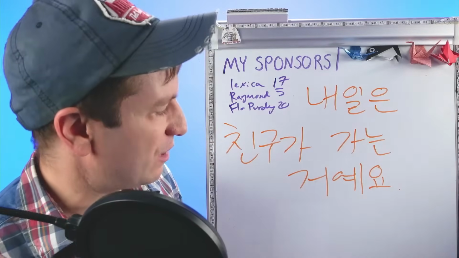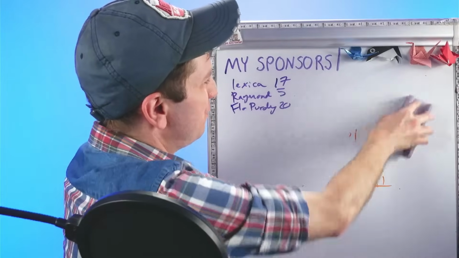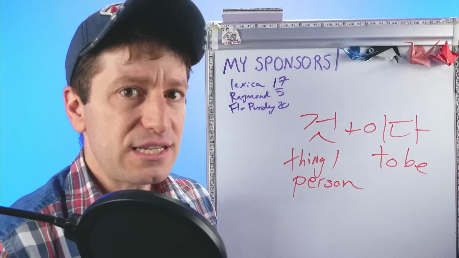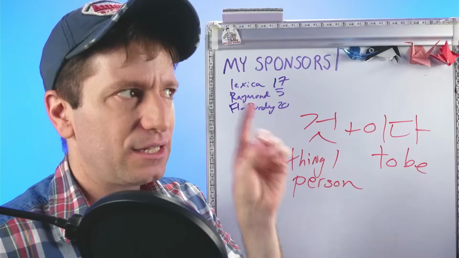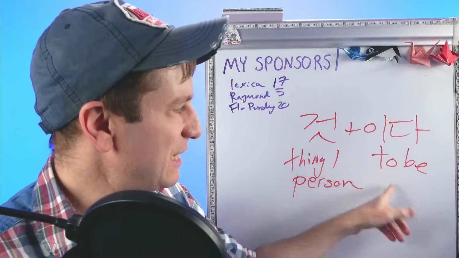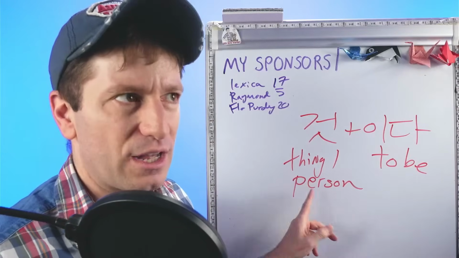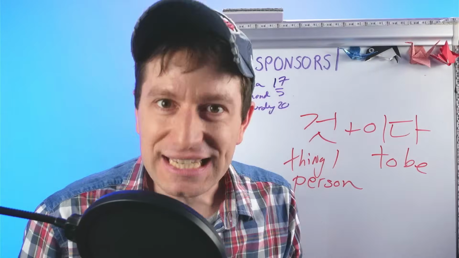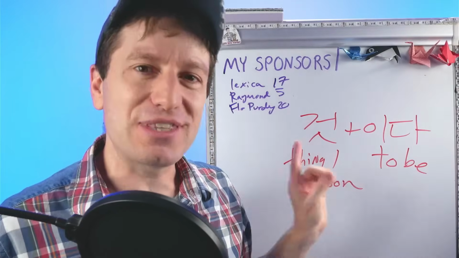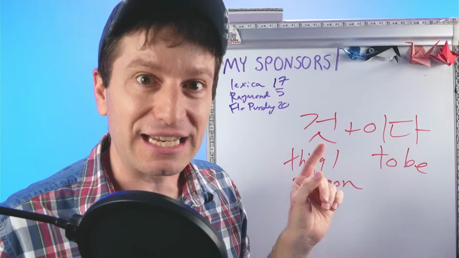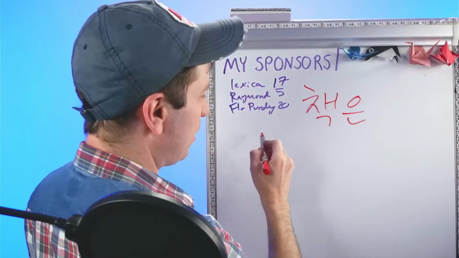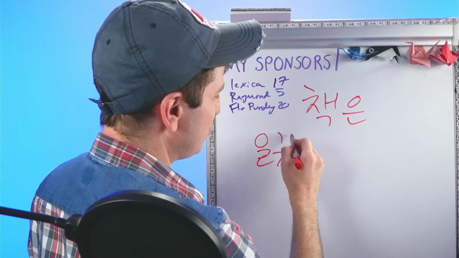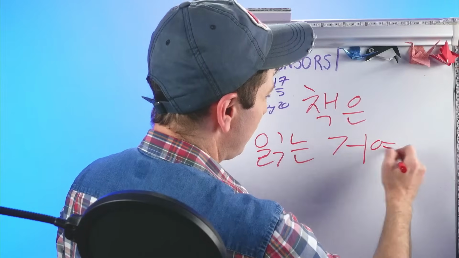내일은 친구가 가는 거예요. There's one more thing about this form that I have to talk about. This form still literally means to be something or someone that is whatever we put before it. So there are many cases where you can use this form for its literal meaning. So a book is... 읽다 is to read. So 읽는 거예요.